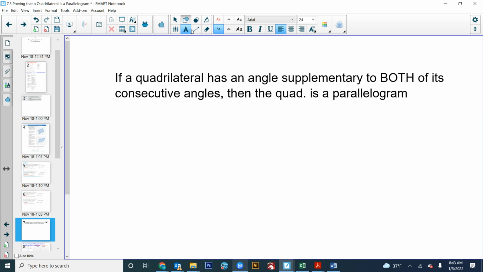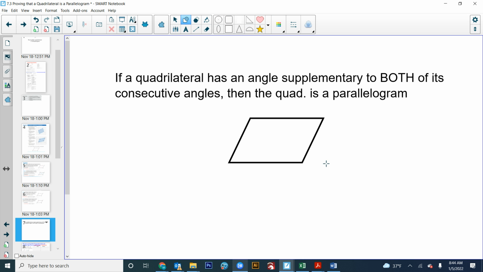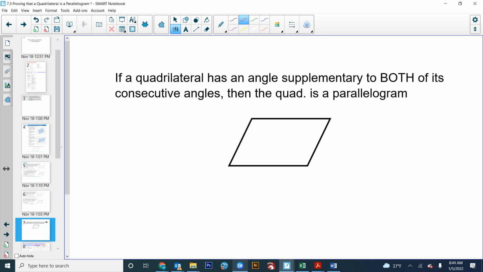Was this number 4 for you? And I believe they used x and 180 minus x for the picture.